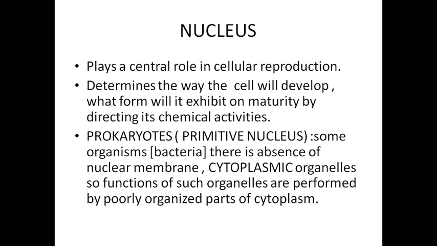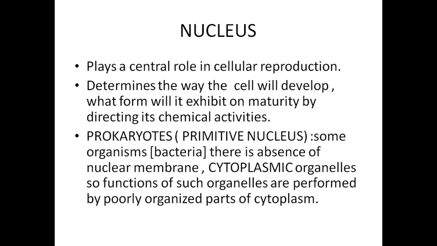Now when I am talking about the nucleus, depending on the type of nucleus, we differentiate the organism, one as prokaryotic organism, the other as eukaryotic organism. So prokaryotic organisms are those which have a primitive nucleus, for example bacteria.